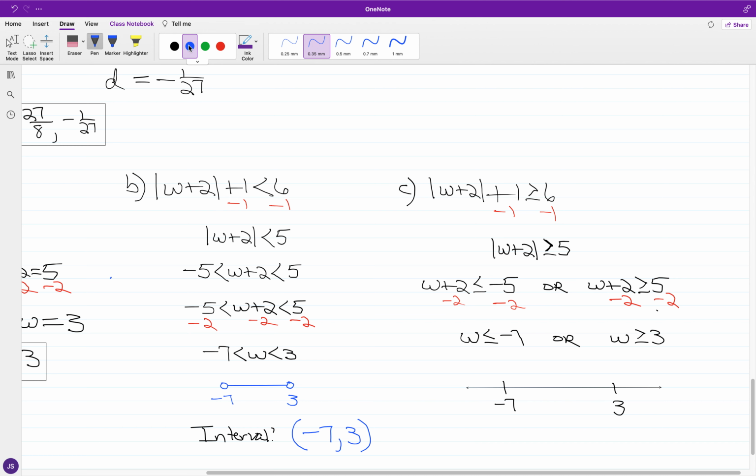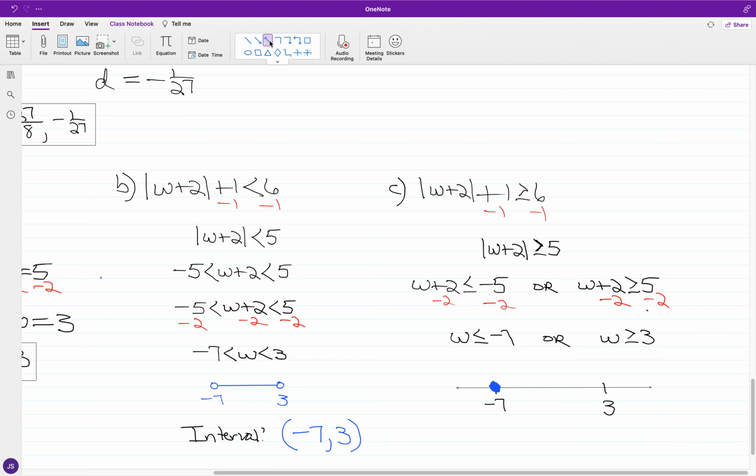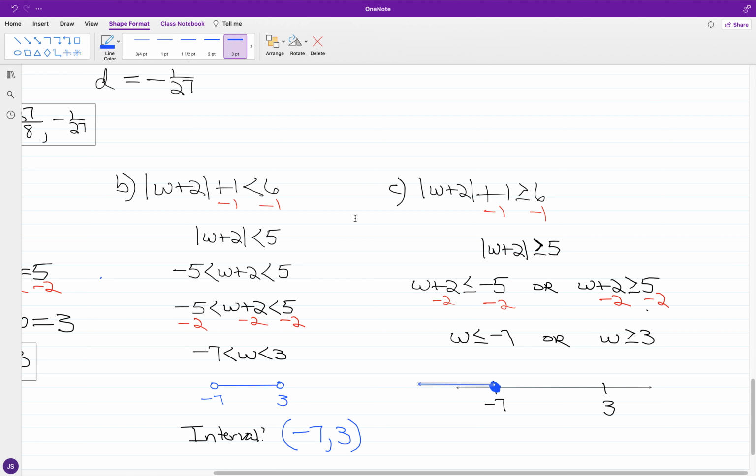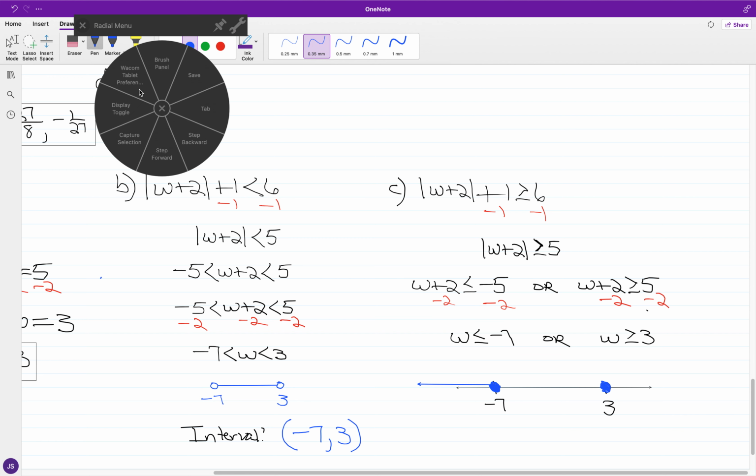And we have w is less than or equal to -7, so with the equal sign, -7 is included. W is less than, so we're going to have an arrow going to the left. And for w is greater than or equal to 3, we have a closed point on 3 thanks to the equal sign, and the rest of the values are going to be greater than.